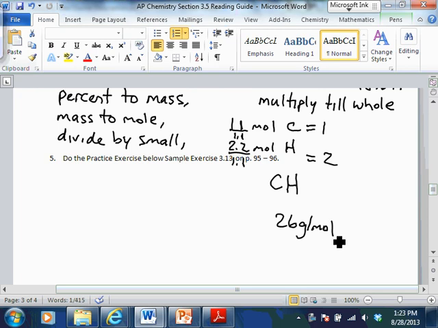So that's the molar mass of the actual compound. Here's your empirical formula. Is the empirical formula the correct formula for this molecule? No. And how do we know? What's the molar mass of CH? 13, okay? This is 13 grams per mole. That's not the same as this, right?